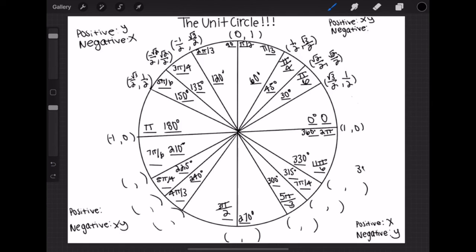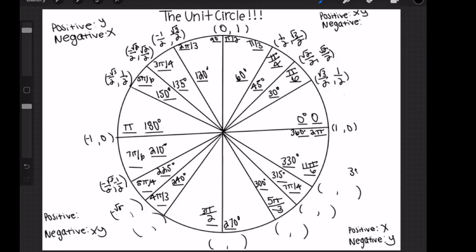So now on to the third quadrant. So all of x and y are both negative now, but it's the same points, just some are positive, some are negative.